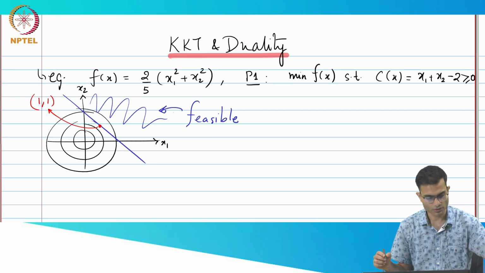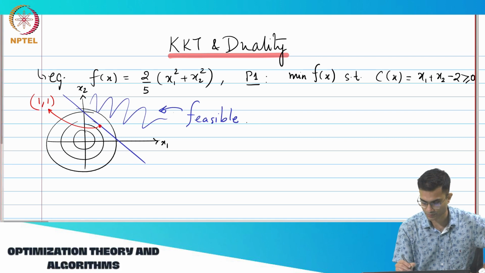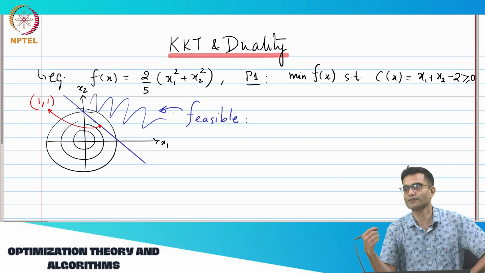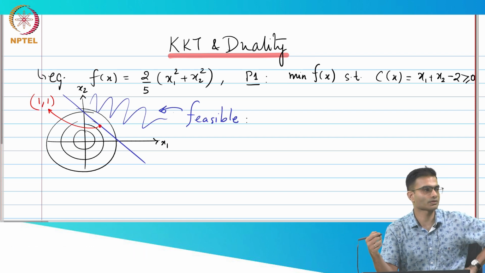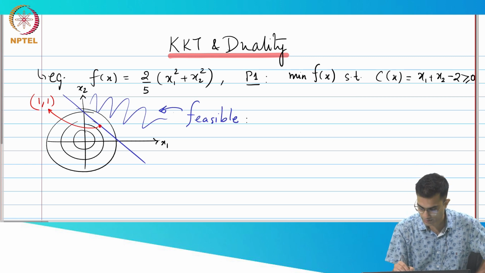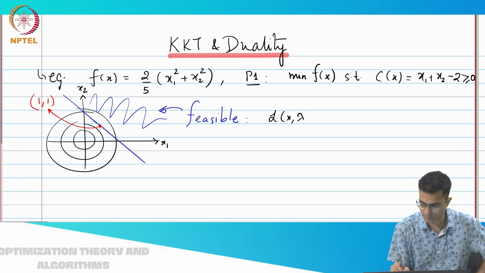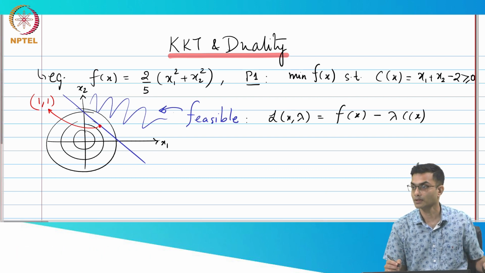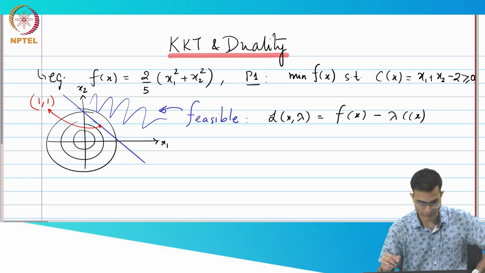Okay. So it's nice to have a really simple problem because you can follow along the algebra very well. So if we were solving this problem using our KKT business, what would we do? First step would be to form the Lagrangian, right? So the Lagrangian L(x, lambda) will be what? f(x) minus lambda c(x). I just have one constraint, okay?